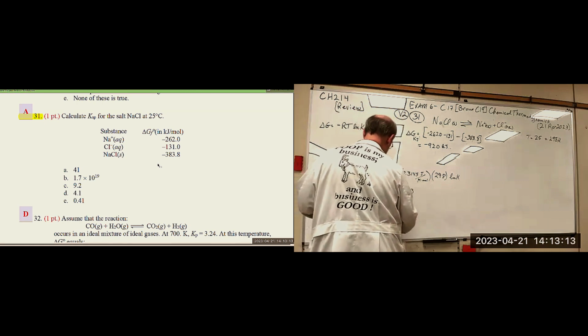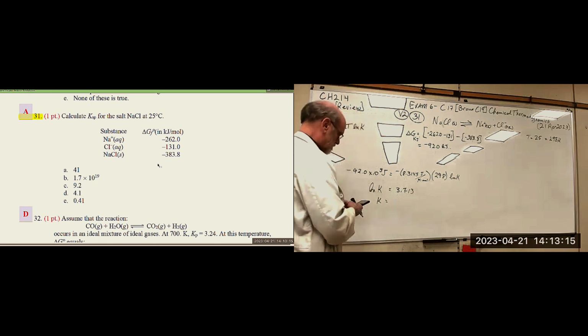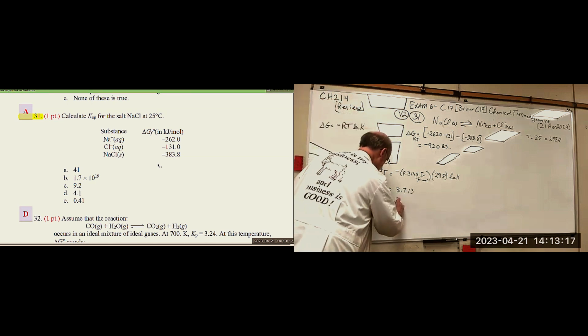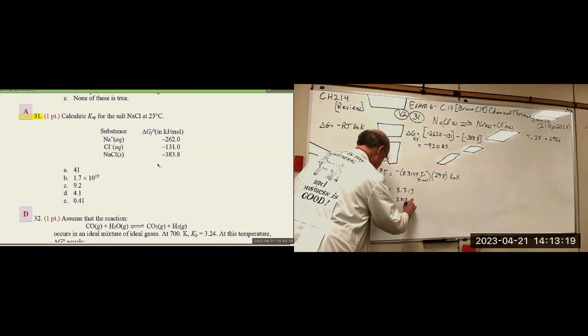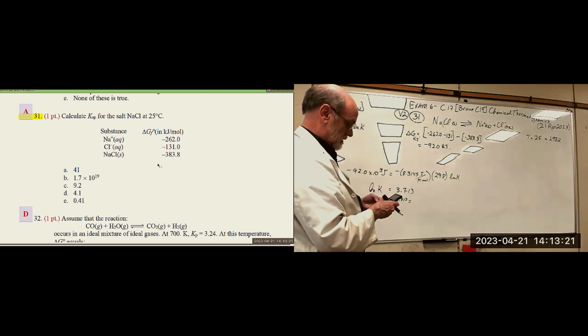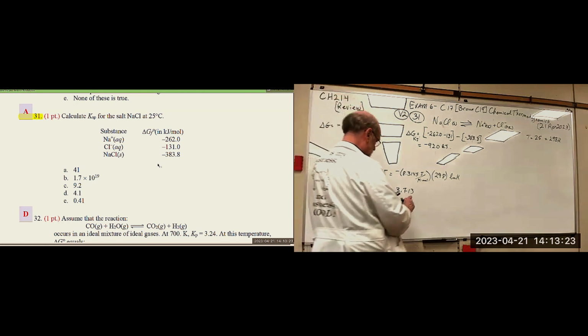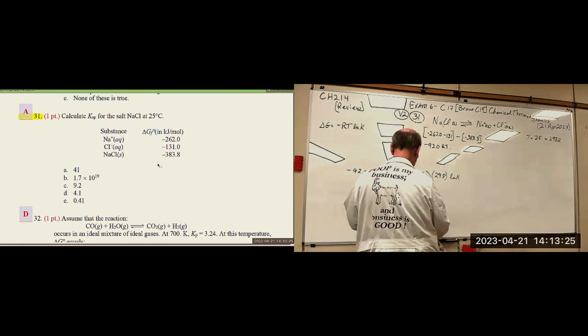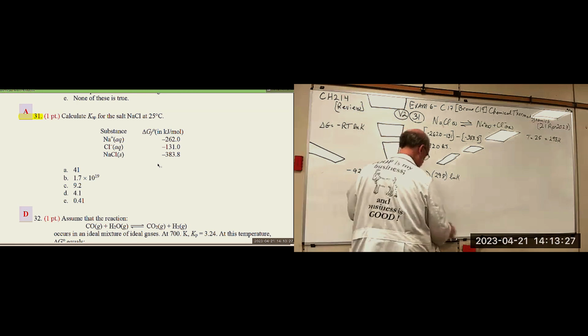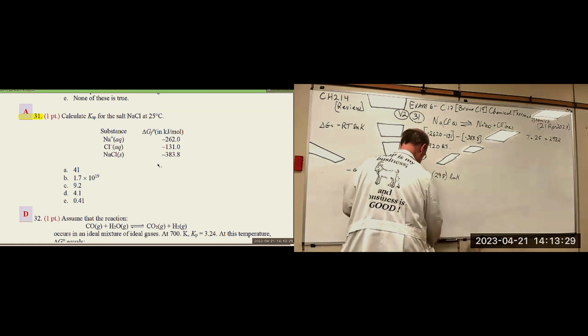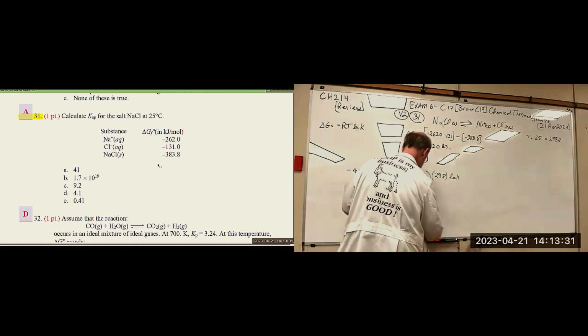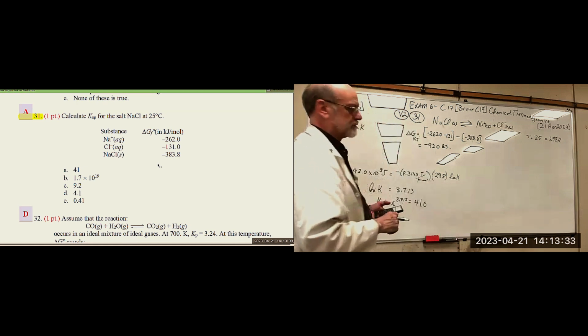So K equals E to that power, right? E to 3.713. So here it is. That's 41.0. 41.0 for K.